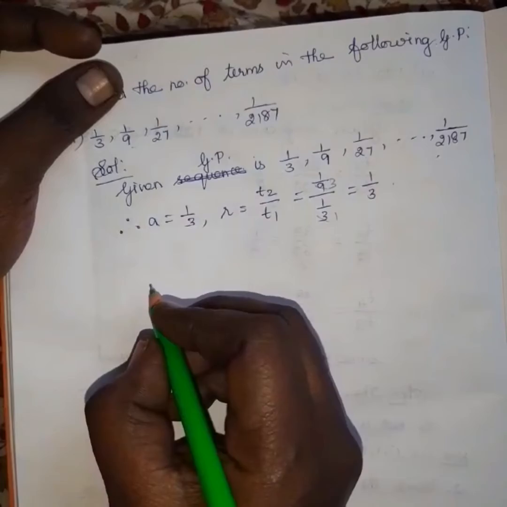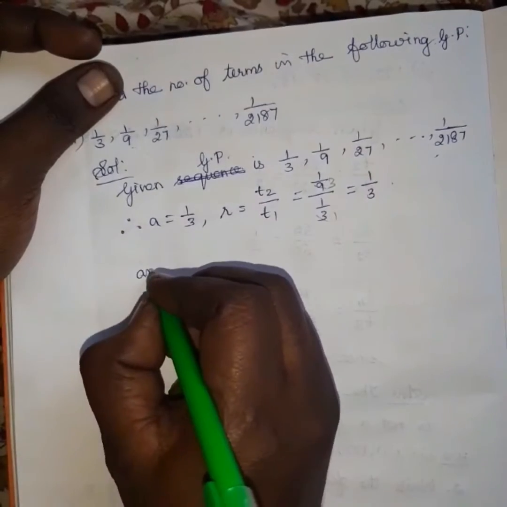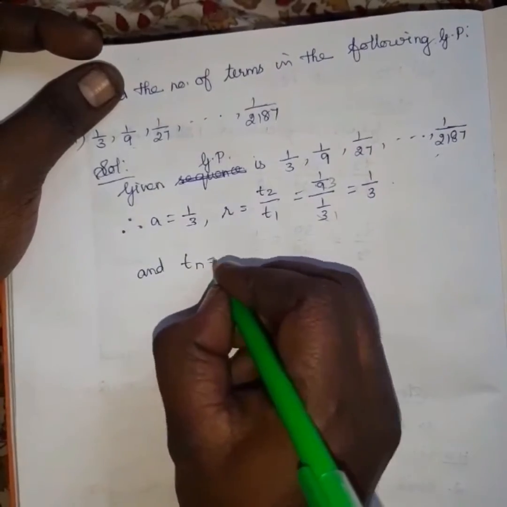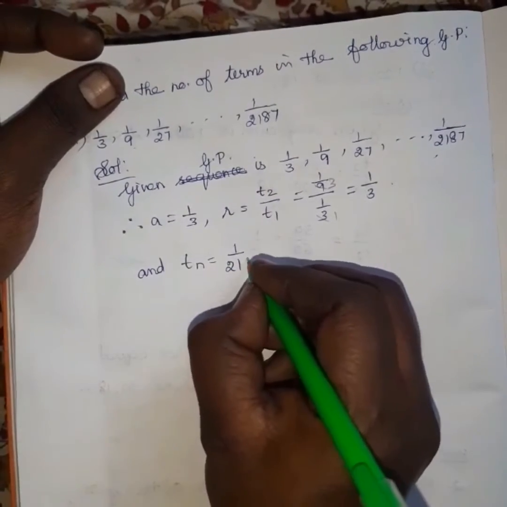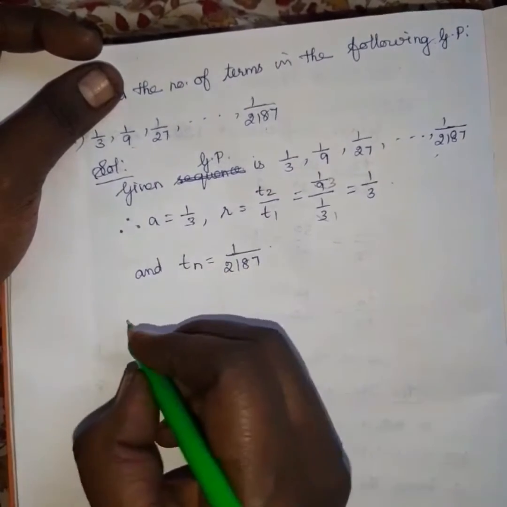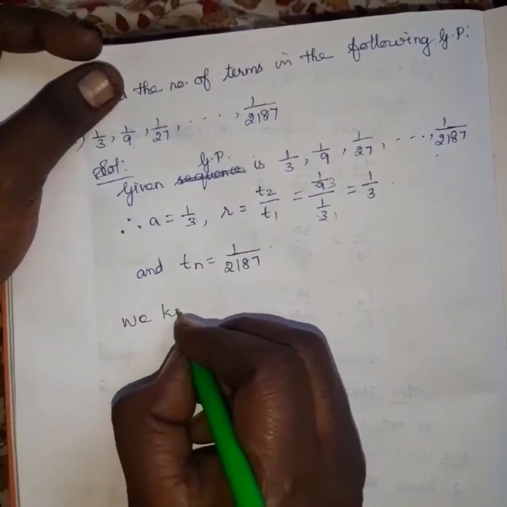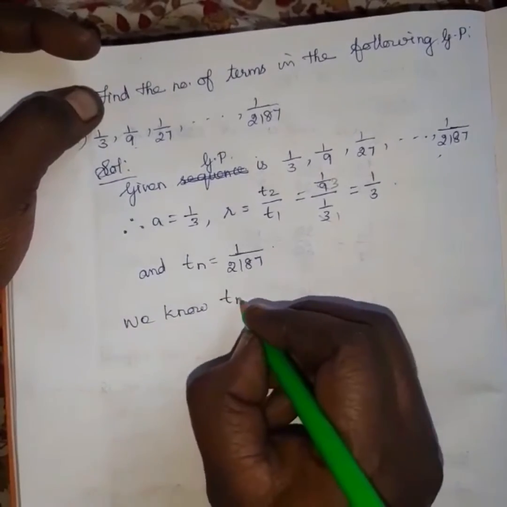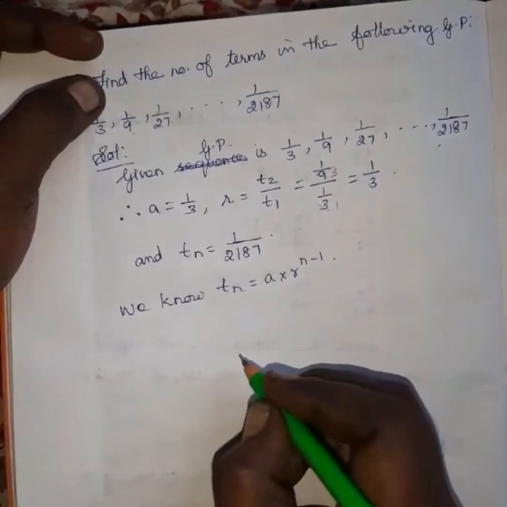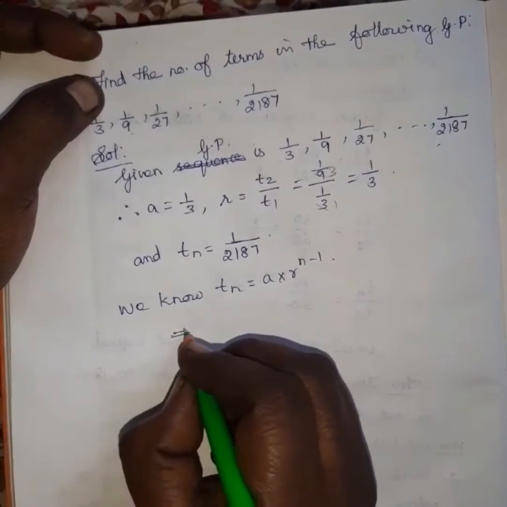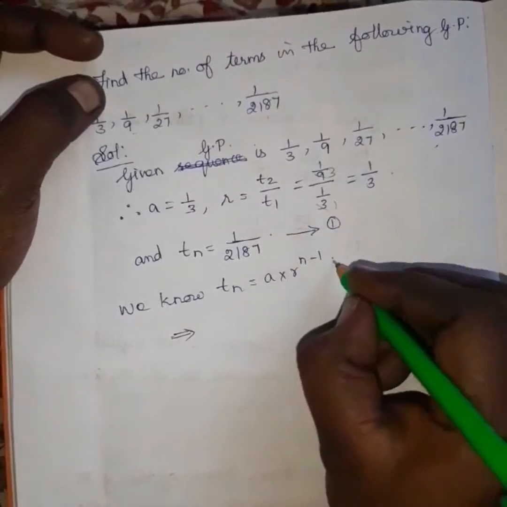Okay, then what about the Tn? The Tn from the given GP we are writing, it is 1 divided by 2187. Okay, but we know the Tn formula. Tn is equal to a into r power n minus 1. Okay, so we can apply the values, comparing 1 and 2.